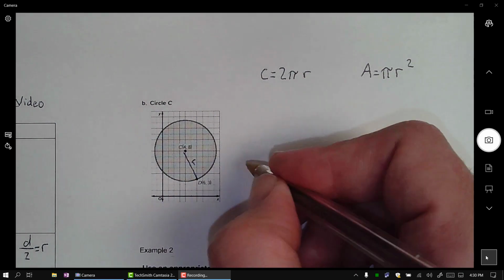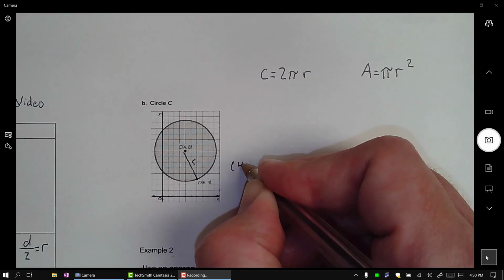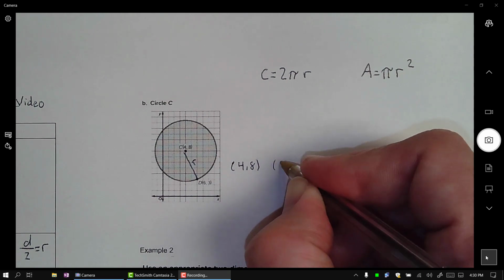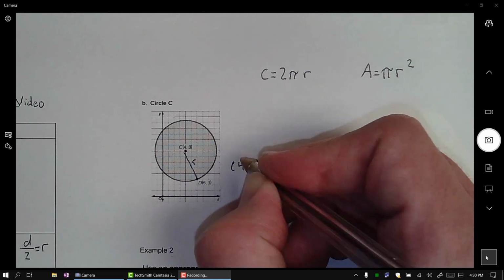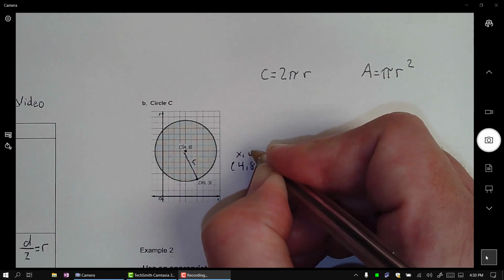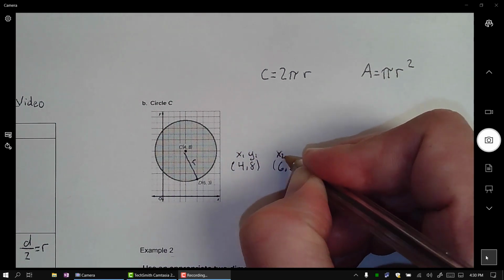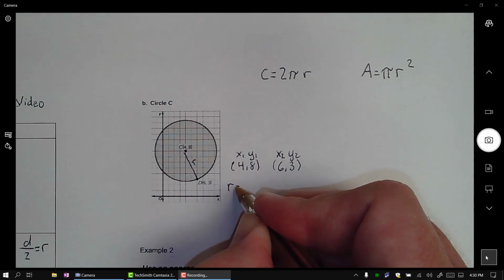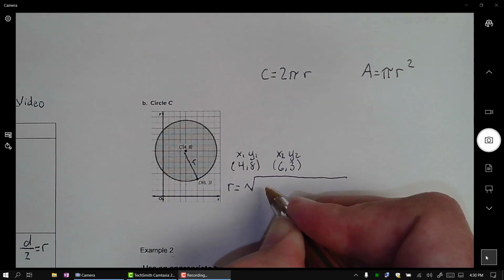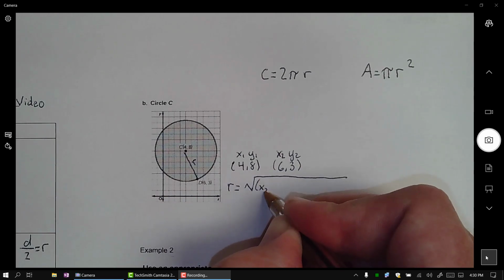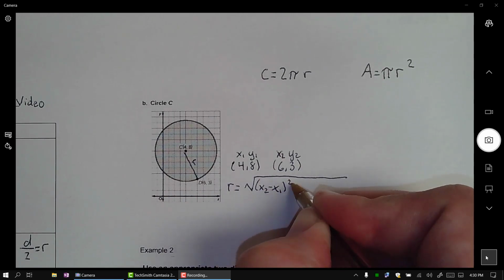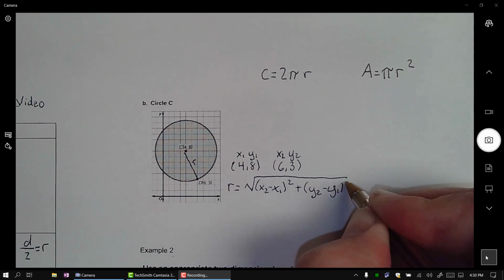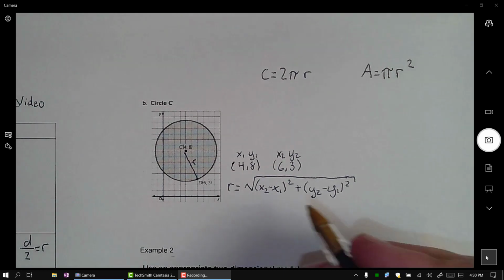So my center is at (4, 8), and my D is at (6, 3). So this is going to be my x1, y1, x2, y2. So radius equals the square root of x2 minus x1 squared plus y2 minus y1 squared. Plug in our values.